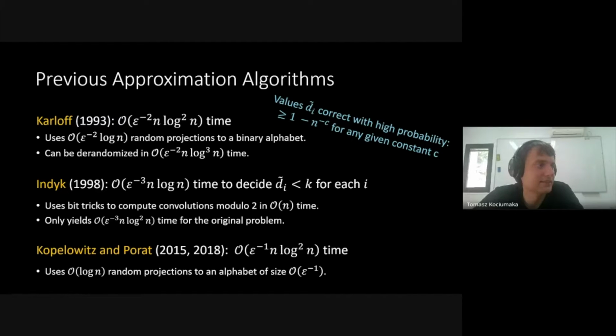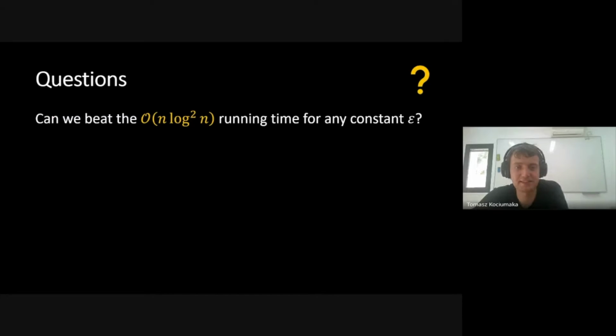Okay, so that's the state of the art, and we can see that when we stick to the original version of the problem, we have this log squared n factor in all three algorithms. And the main question behind this research is whether this log squared n factor is necessary. So can we beat this n log squared n running time?